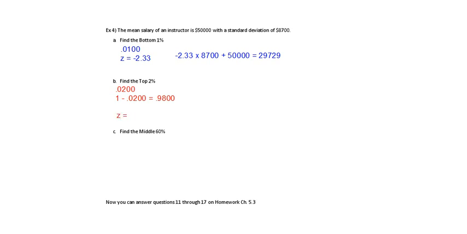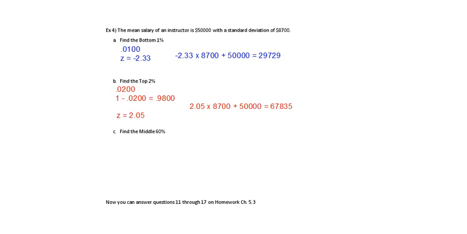And for 0.9800, the z-score is equal to 2.05. Now we can go to our formula. So 2.05 times 8,700 plus 50,000 equals 67,835.